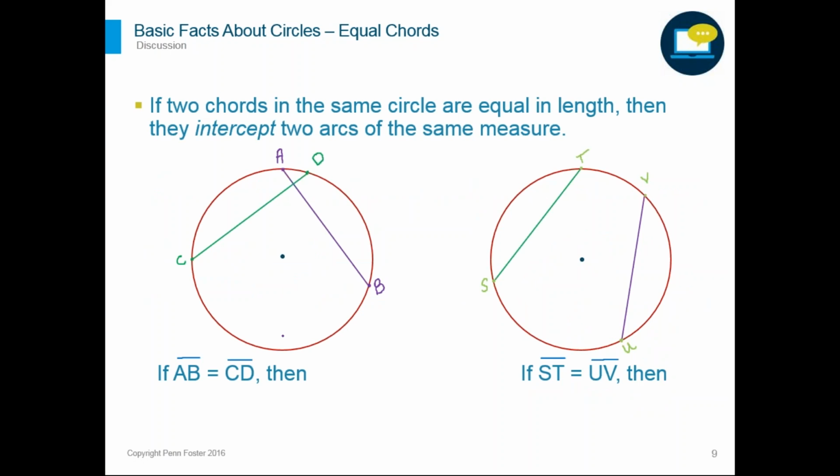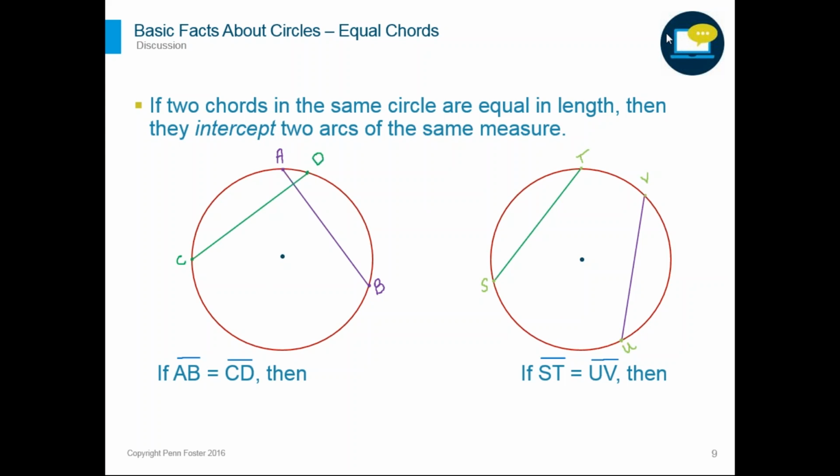Next, let's look at chords. As I said before, chords are just segments in the circle that do not go through the center of the circle, and they have some facts when they intersect, or even if they do not. If CD and AB are chords, as you see here in both circles, and they are equal in length, there are some results from that.